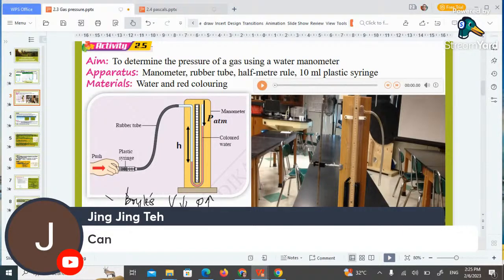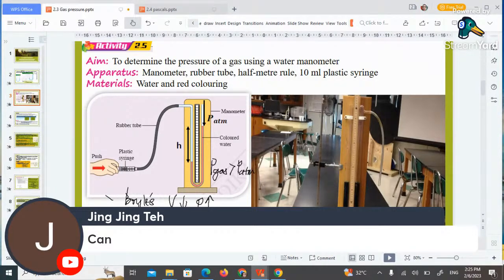You can see the level on the left side will be higher than the right side, meaning the pressure of the gas is greater than atmospheric pressure. For this case, it shows that the pressure of the gas is greater than atmospheric pressure.